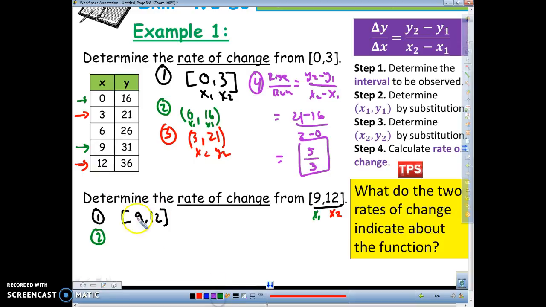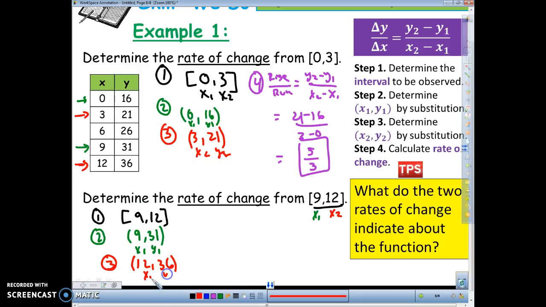Okay, so x1, y1 is just that first point. So 9, 31, that's x1, y1, and number 3, what's my end point? That is 12, 36. 12, 36. That's my second point.